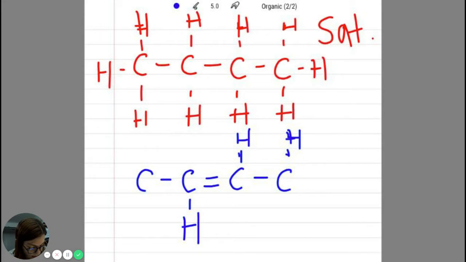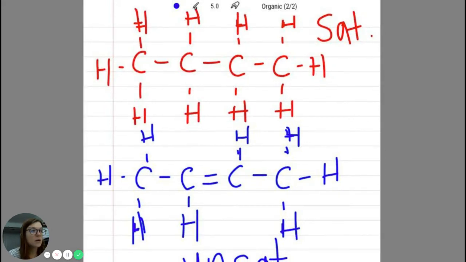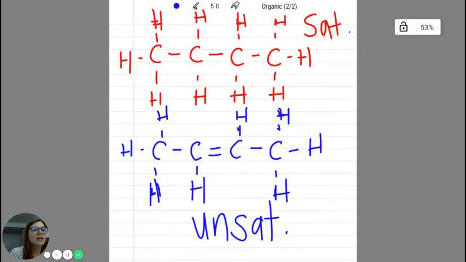So this would be considered unsaturated because it's not full of hydrogens. So it would look like this. I hope that you can see the difference here. Once you start putting in multiple bonds, meaning a double or a triple bond, you in turn have to start removing hydrogen. So that molecule is not full of hydrogens anymore, and therefore it's considered unsaturated. Okay.